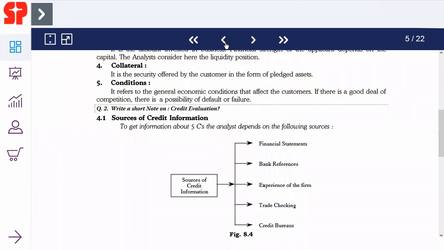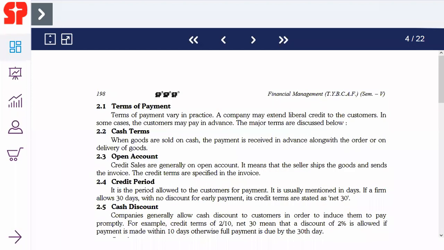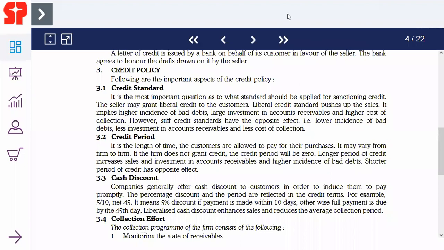See, credit standard means what standard you are applying for sanctioning the credit. You will apply some standard before giving the credit. You will have some parameters for to whom you have to give credit.